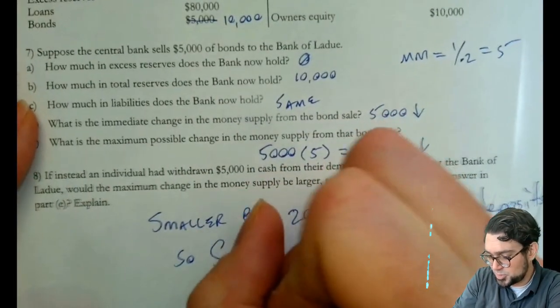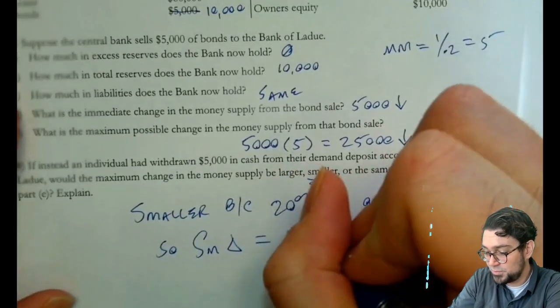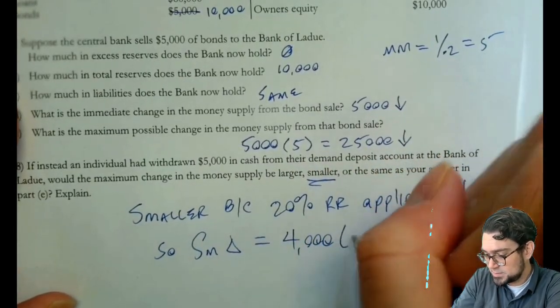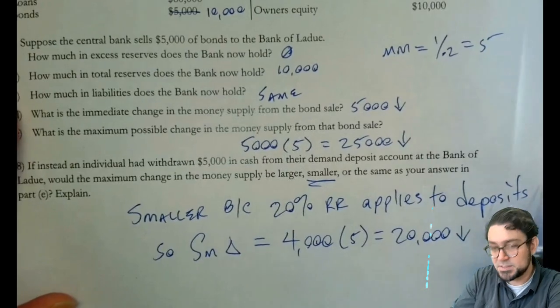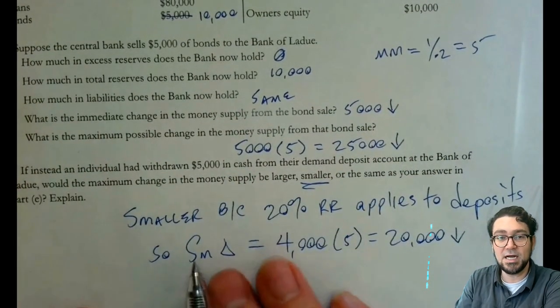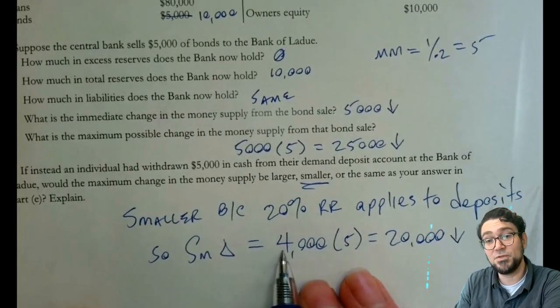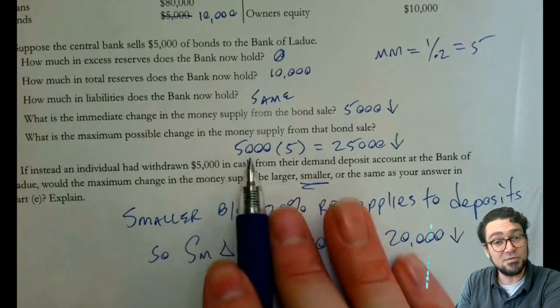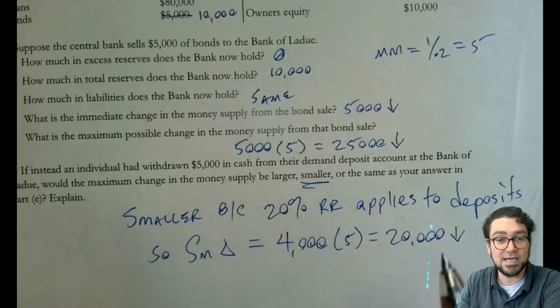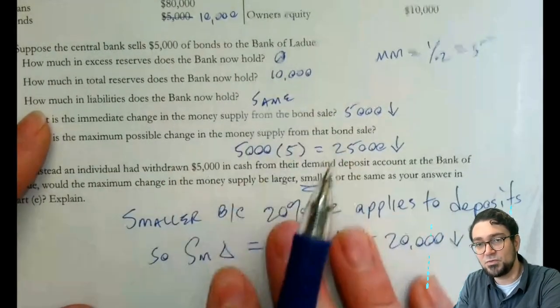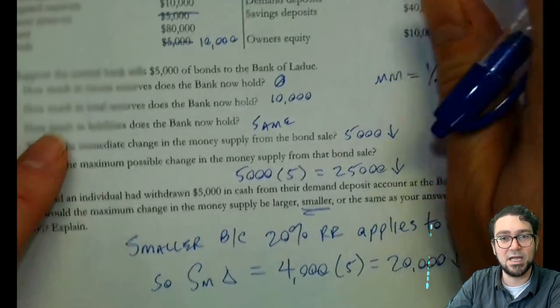So the supply of money change is equal to 4,000 times 5, which is $20,000. So kind of showing that decrease here, because the change in money supply would only be the $4,000 as a result from the fact that they aren't able to lend out that 4,000 of excess reserves that came from that cash. So again, thinking through what's going to be the implication of withdrawals and deposits.